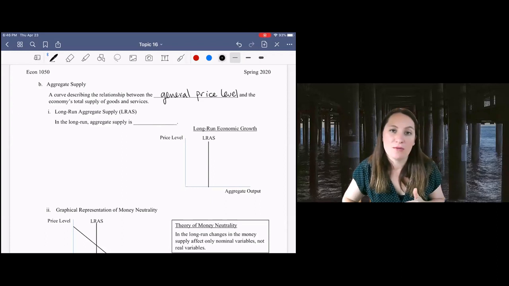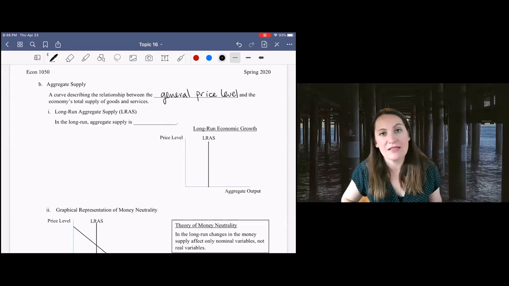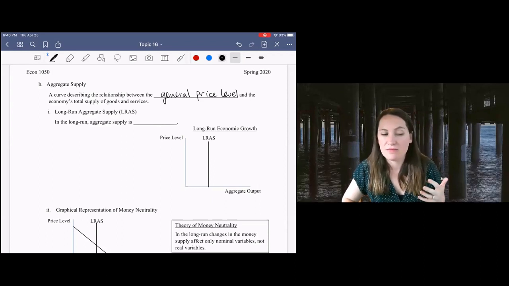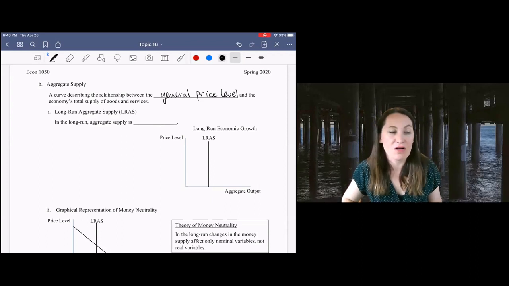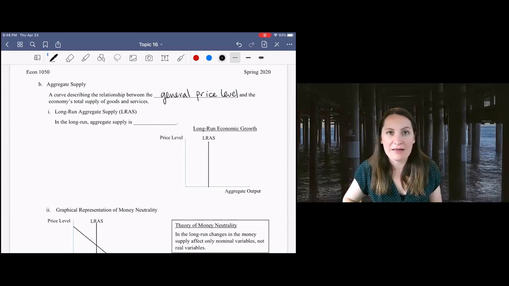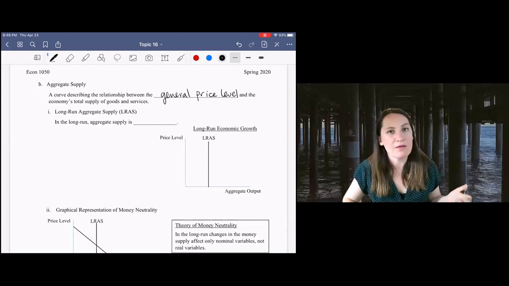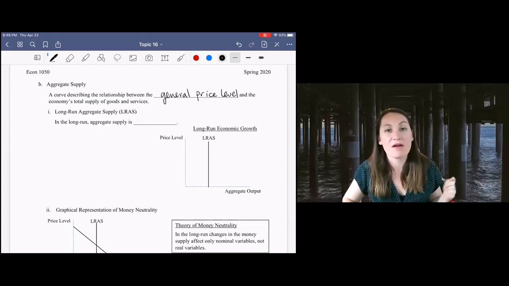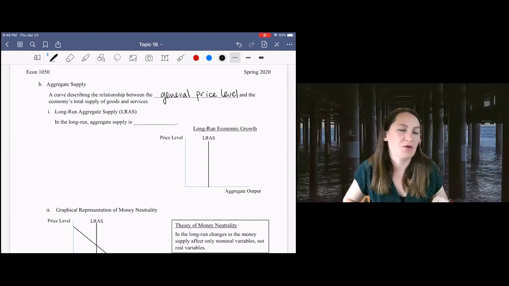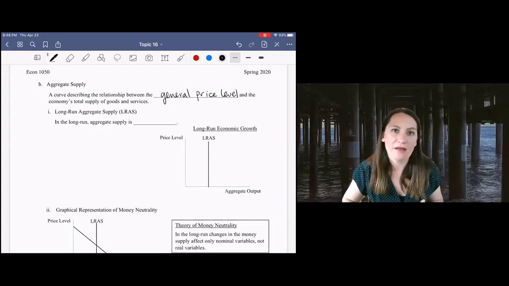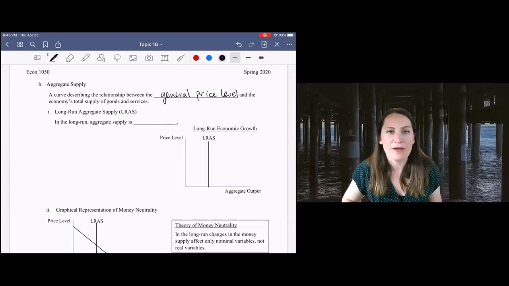Now, the relationship between aggregate price level and supply across all markets is again not clear from the beginning. Why would it be that if we had more inflation or a higher general price level, that would affect aggregate output?